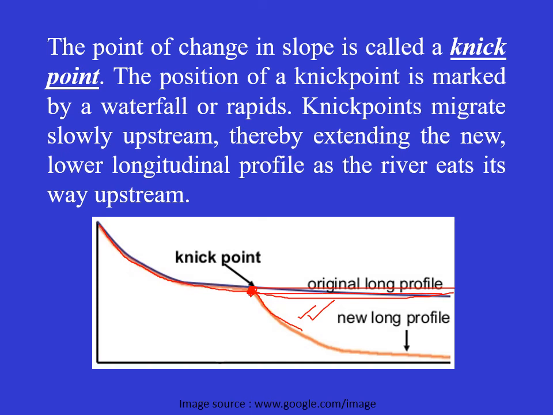But due to the change in lithology or due to change in geometrical structure, suppose this area is highly faulted, so the fault becomes a structure and a weak zone within the rocks, along which erosion will occur in a more intense way.